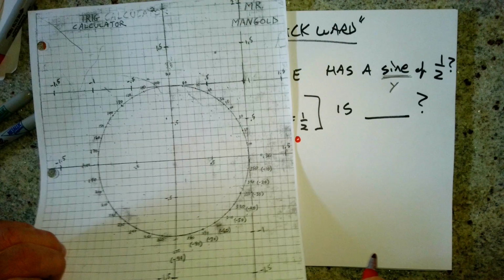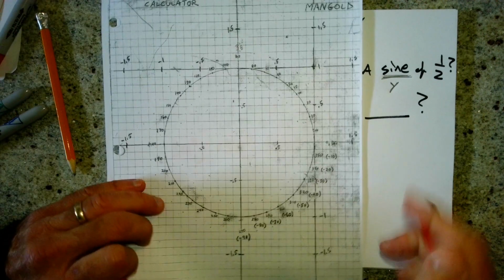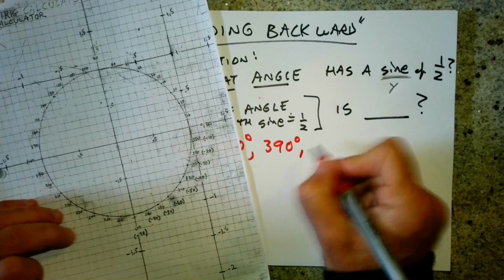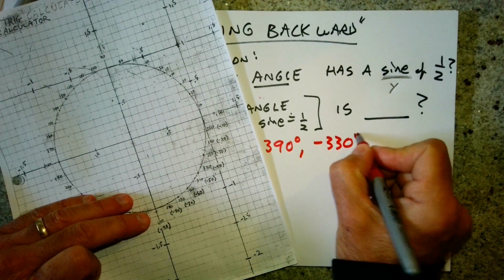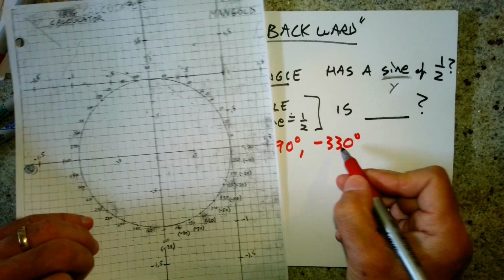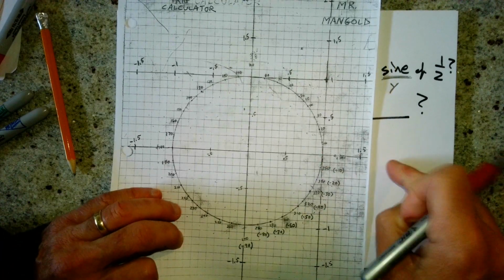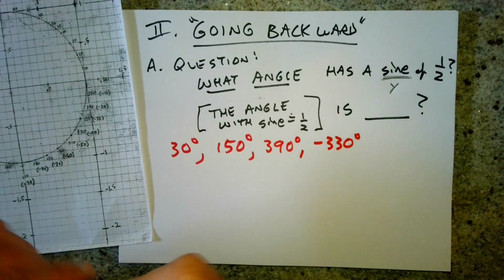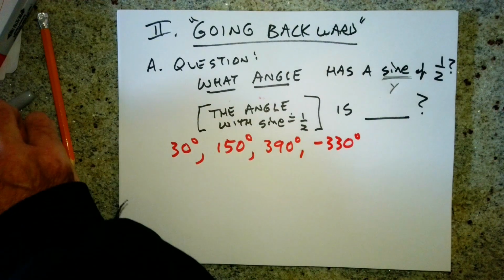Try it. Put it in your calculator, do sine of 390, and you'll get that. You could also go the wrong way, negative. That would be negative 330 degrees. Again, put that in your calculator, sine of negative 330. Make sure your calculator's in degrees. Go around like that, you will get 1/2. So there are infinitely many answers to that. We'll get back to that in a second.